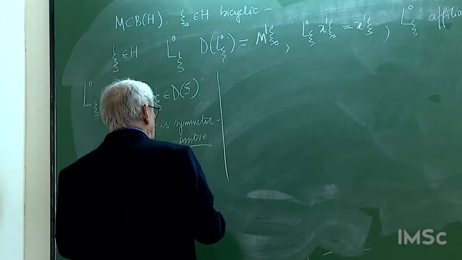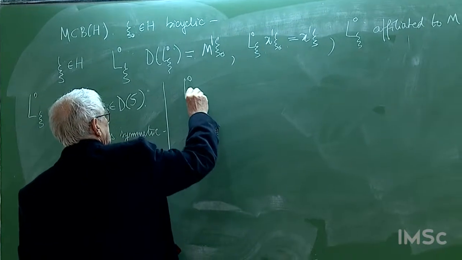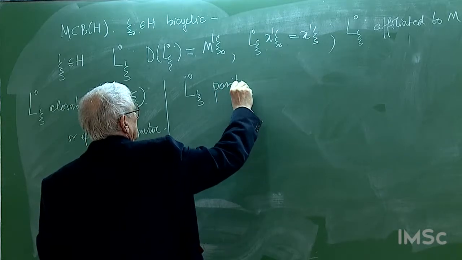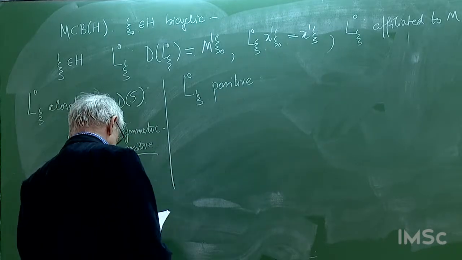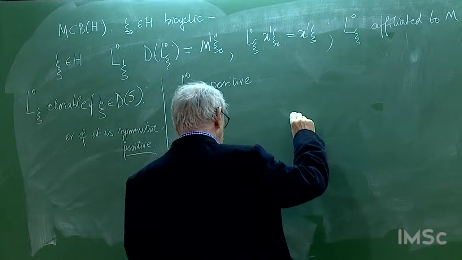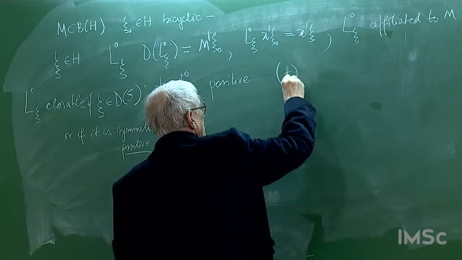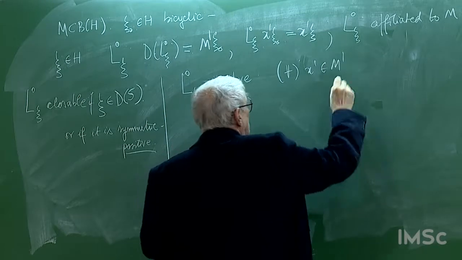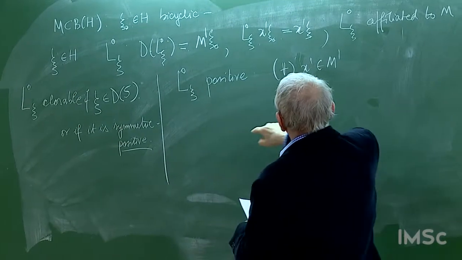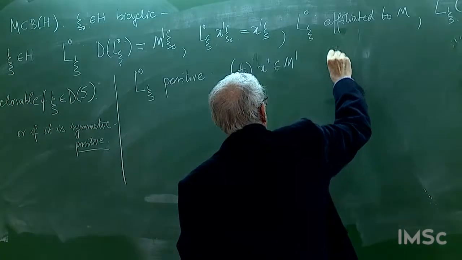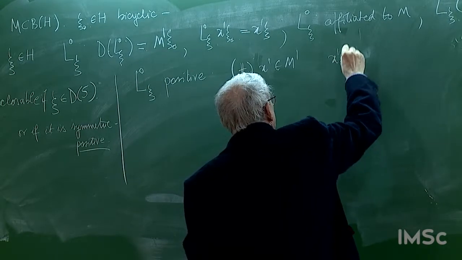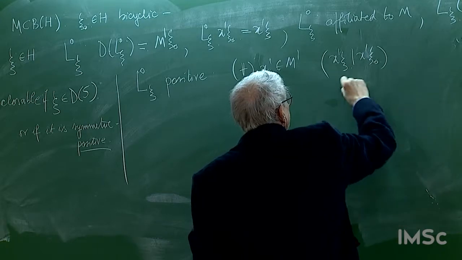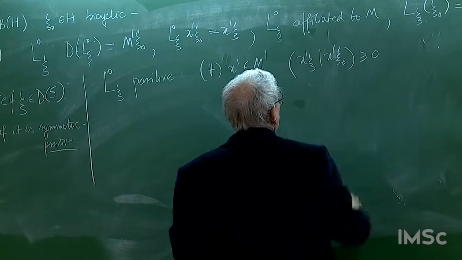Now, I want to see when L0 psi is a positive operator. Unbounded, of course. It's positive if and only if for all x prime belonging to M prime, L0 psi of x prime psi 0, that means x prime psi, times x prime psi 0, is bigger than 0.